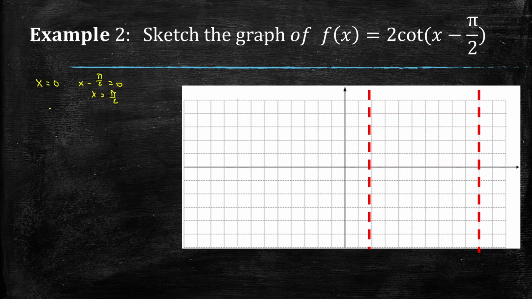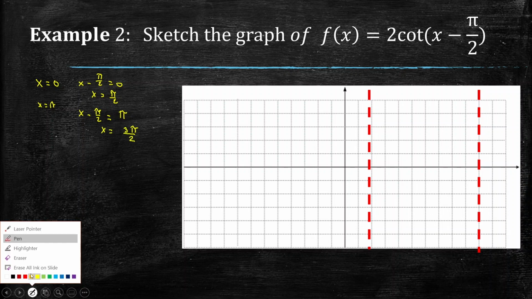And then my other point, to get to x equals pi: x minus pi over 2 equals pi. So again, I'm going to add pi over 2 to both sides, and so x equals 3 pi over 2. So those are my two points that I'm starting with for my asymptotes.